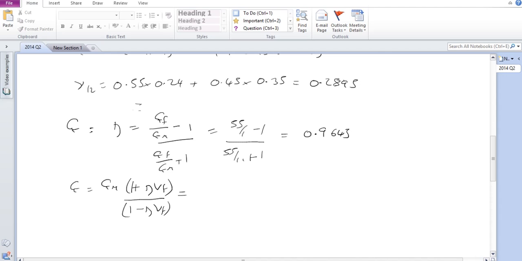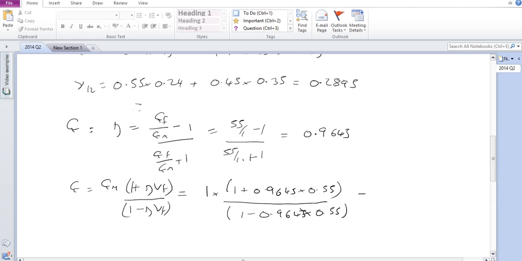So if we work those out, GM is 1, times (1 plus 0.9643 times 0.55) divided by (1 minus 0.9643 times 0.55), and that comes out to be 3.259 gigapascals. So we have all the terms now.